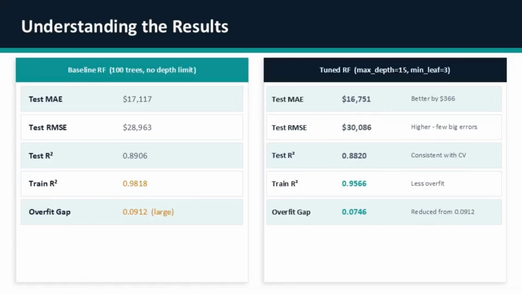That smaller gap confirms the regularization worked. The 5-fold cross-validation R-squared of 0.8783 across the full 1,460 samples is the most reliable measure, and it confirms the model consistently explains about 88% of the variance in house prices.